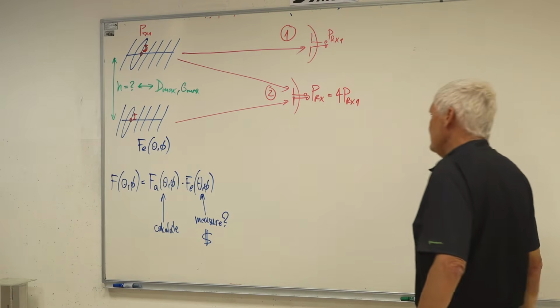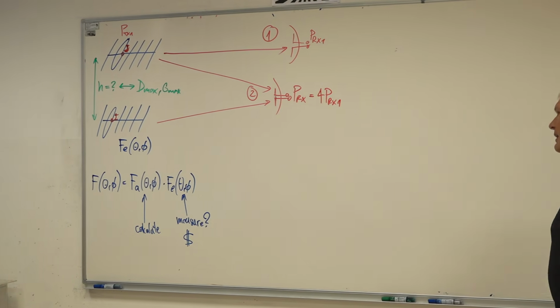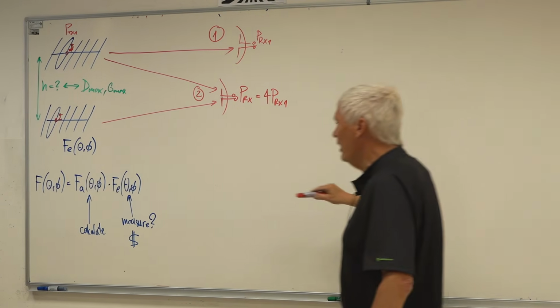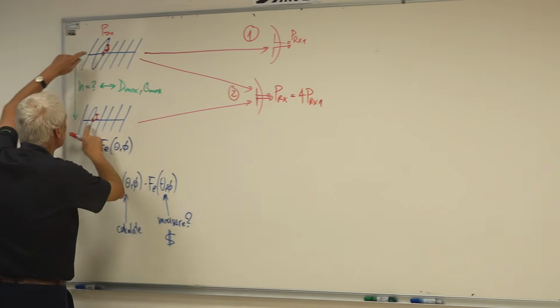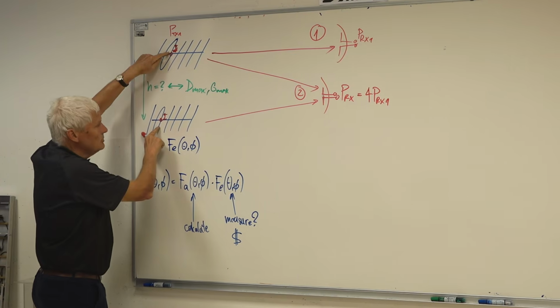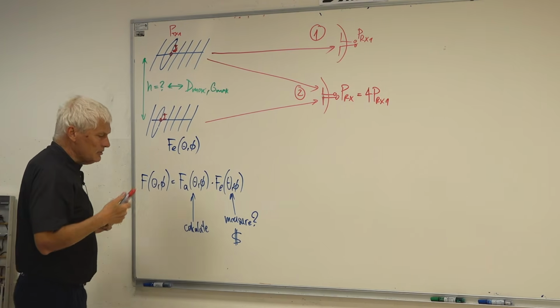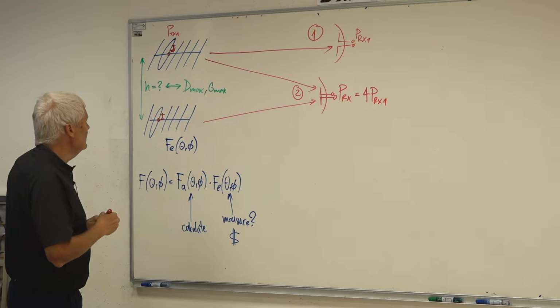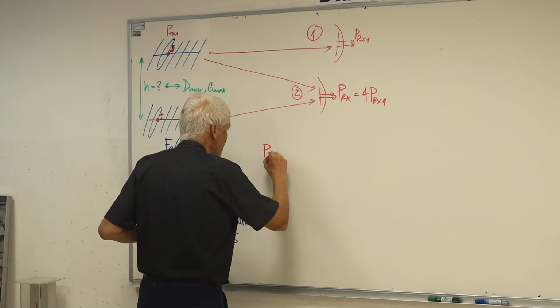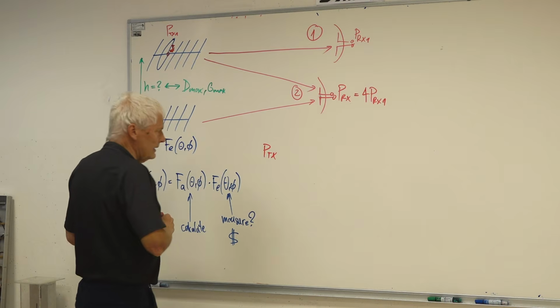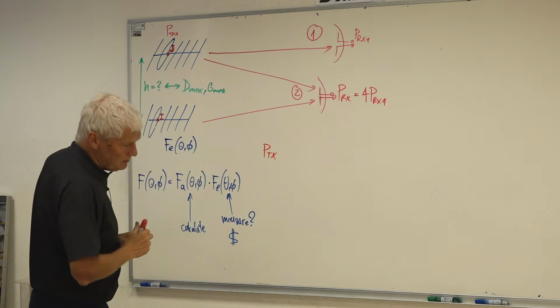But this doesn't mean yet that I have a gain of 4 just by doubling the number of antennas. I also doubled the power of the transmitter. So I had approximately 2, not even that exactly. P transmitter, for the case of 2 antennas, is how much?